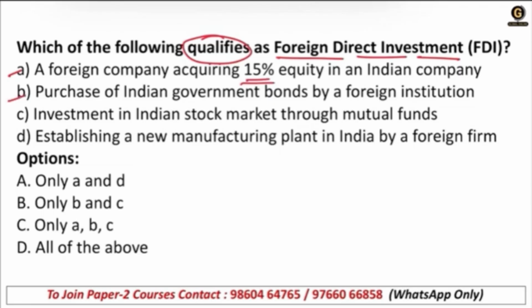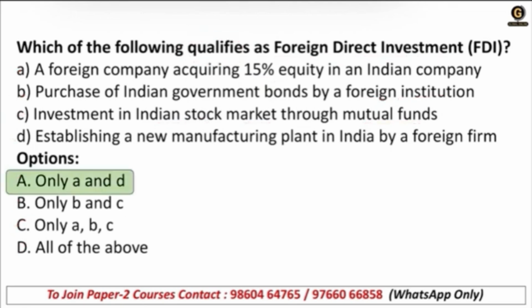B, purchase of Indian government bonds by foreign institutions. C, investment in the Indian stock market through mutual funds. And D, establishing a new manufacturing plant in India by foreign firms. Options are only A and D, only B and C, only ABC, or all of the above.